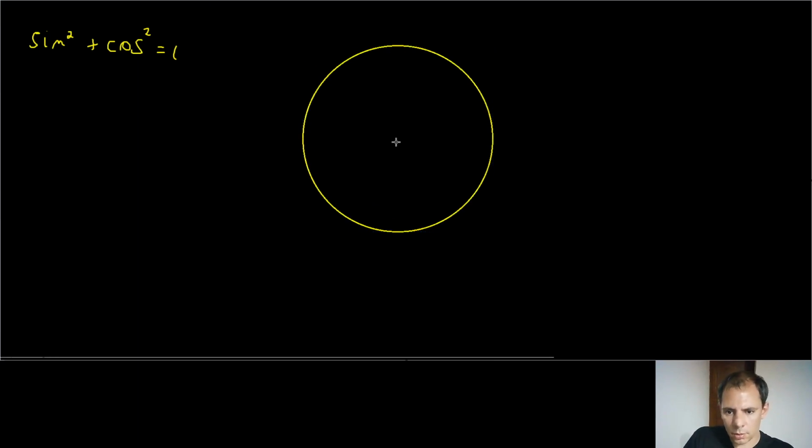So you have a circle where the radius is 1, and you have something that's going to be from here all the way there.